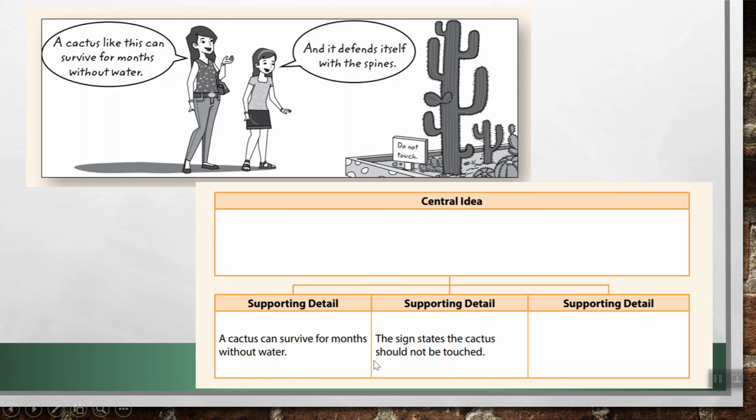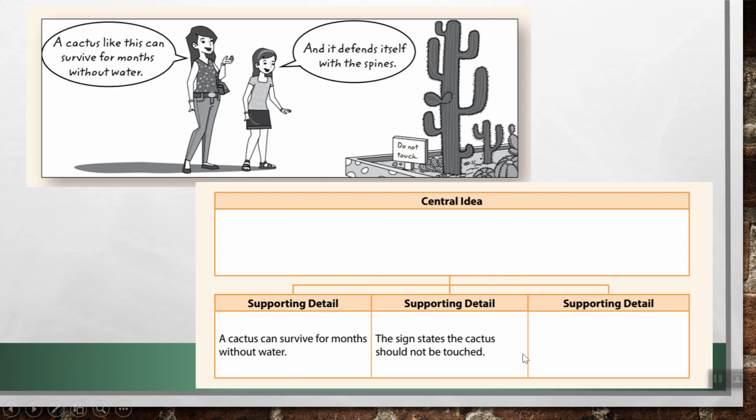Another detail is that the sign says the cactus should not be touched. This helps us understand that if we were to touch this, we could get hurt. So that's a detail again about the cactus. So now we know that the cactus can survive for months, and that you shouldn't touch a cactus.